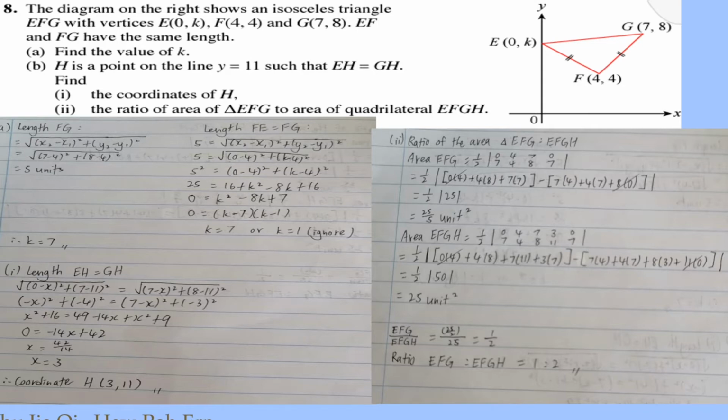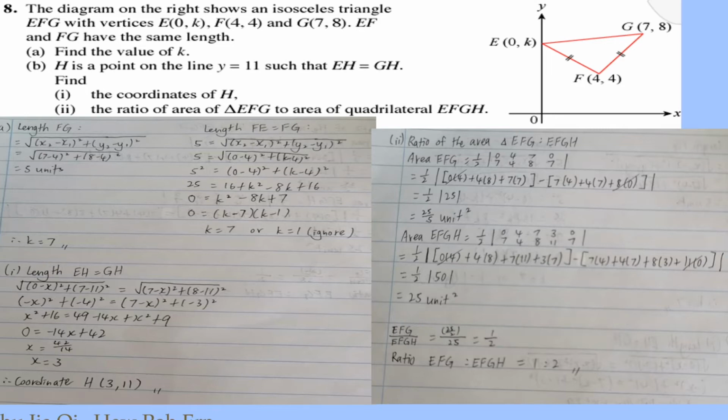And x squared plus 16 equals 49 minus 14x plus x squared plus 9. 0 equals minus 14x plus 42. So x equals 42 over 14, and x is 3. So the coordinate of H is (3, 11).